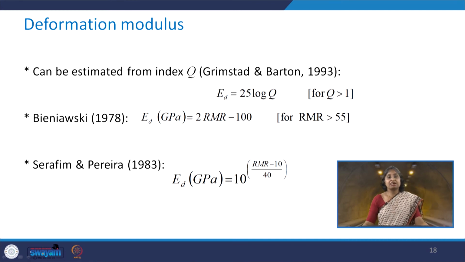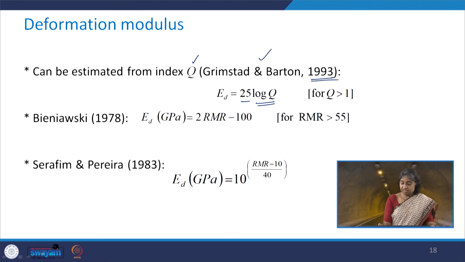Now, as far as the deformation modulus is concerned, some aspects are there. The deformation modulus can be estimated from the index Q, that is 25 log Q, and this relationship was given by these authors in 1993, and is applicable for Q index greater than 1. Please remember that in one of the previous classes I described the difference between the modulus of elasticity and the deformation modulus.